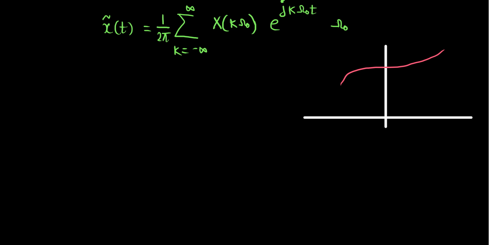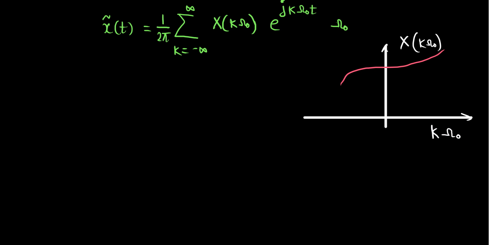Suppose I have this as capital X of k omega naught, where this k omega naught is on the horizontal axis, that is the independent variable, that is k times omega naught. And we can consider this capital X of k times omega naught as a kind of function of k times omega naught.